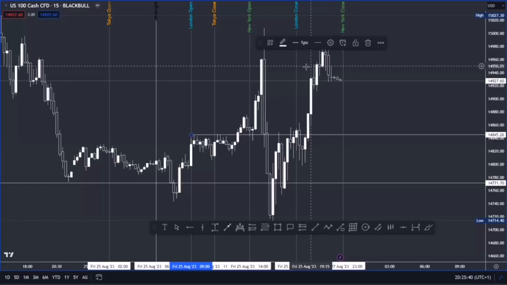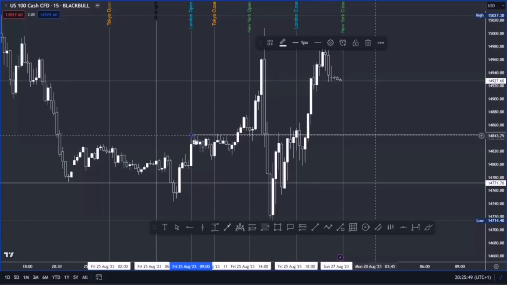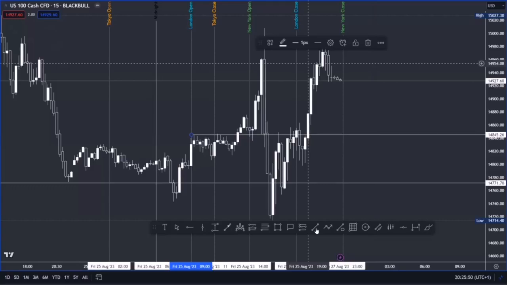This was the Tokyo high, and this was the low.